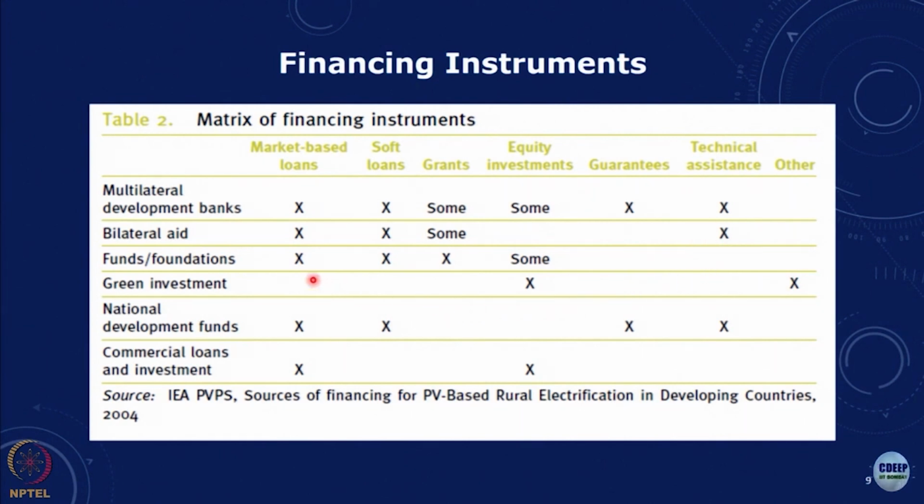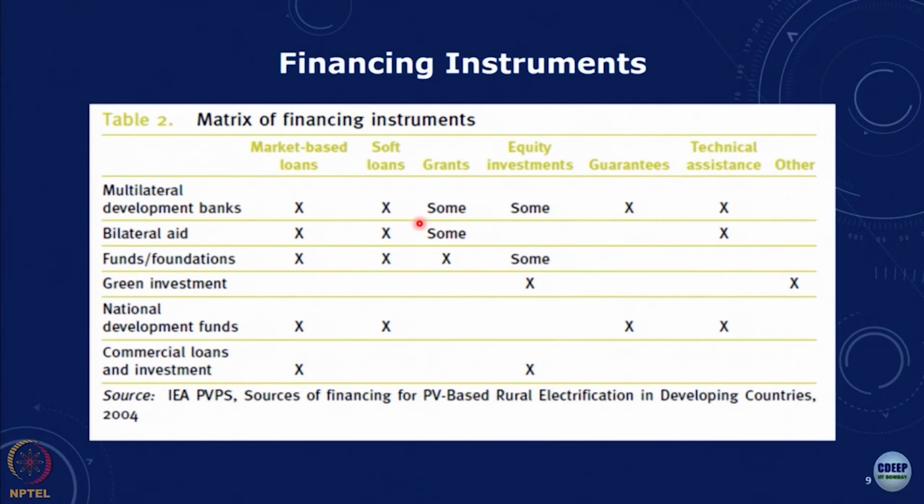And then we could look at many funds and foundations that are interested in sustainable energy, low carbon, and climate. Again, they have loans, soft loans, they also have grants, and they have some possibility to do equity investments.